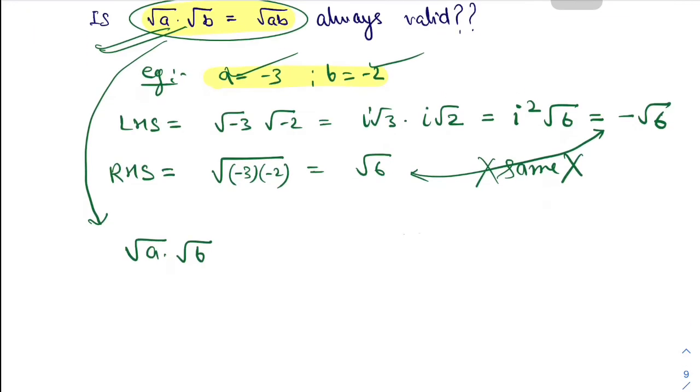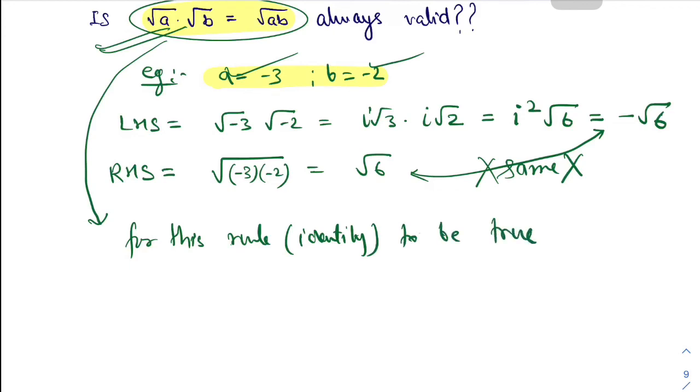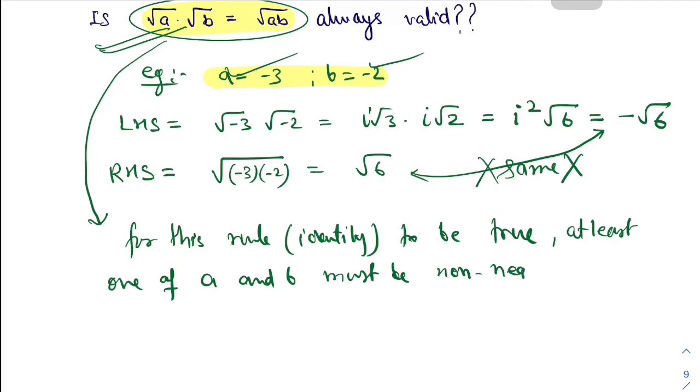So we will write for this rule, or I can say identity, for this identity to be true, at least one of A and B must be non-negative.